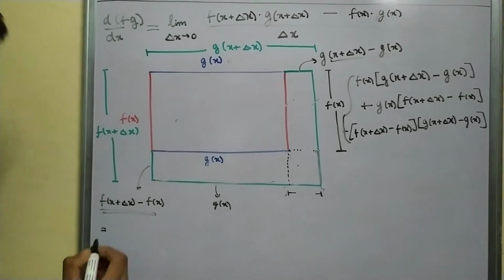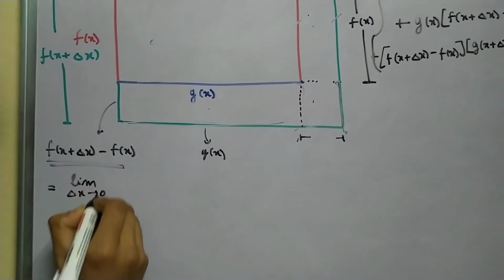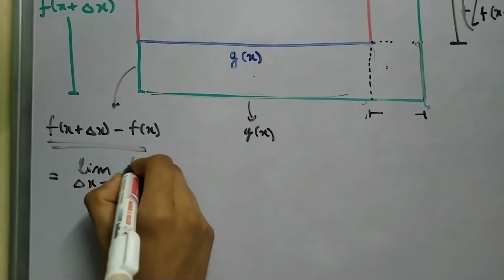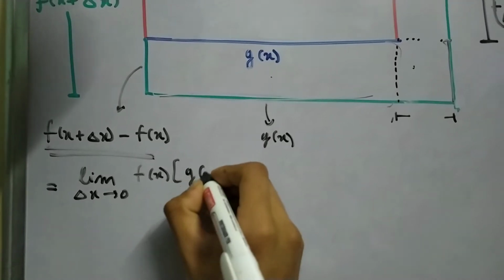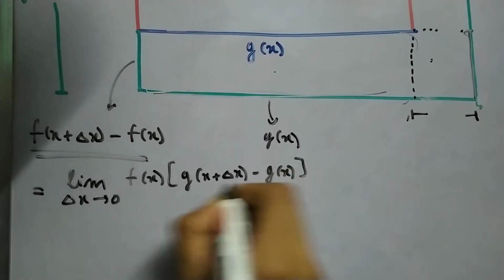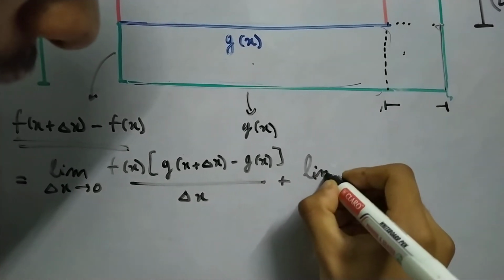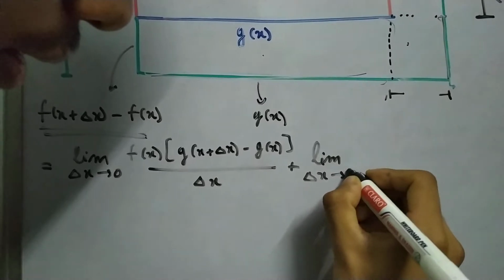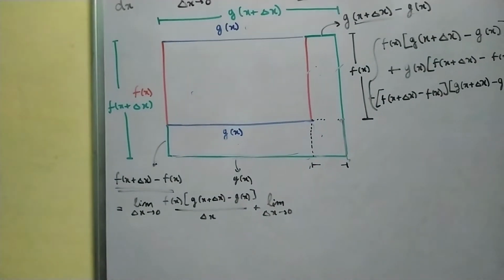So you have limit delta x approaches 0, f of x times g of x plus delta x minus g of x divided by delta x, plus limit as delta x goes to 0. So we have broken up the limits.